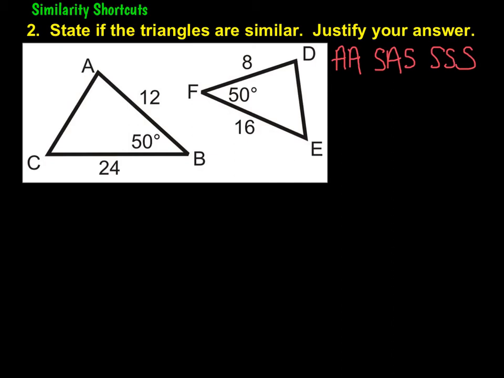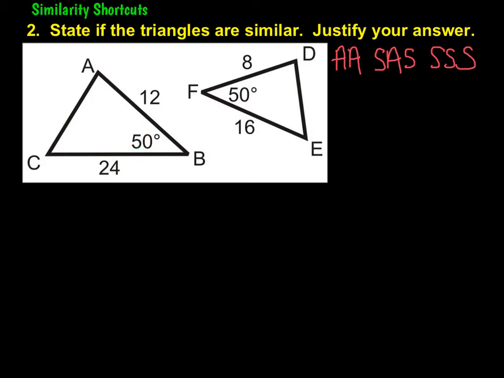Okay, we're given an angle and we're given two sides for each triangle. So that's a good indication that we're going to be using side, angle, side. And just make sure that that angle is in the middle of the two sides. It's called the included angle, and it is where it should be. So we are good with that.